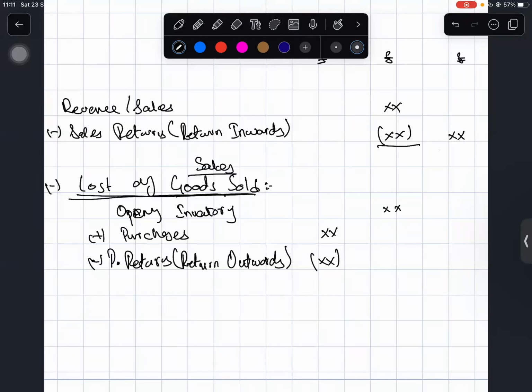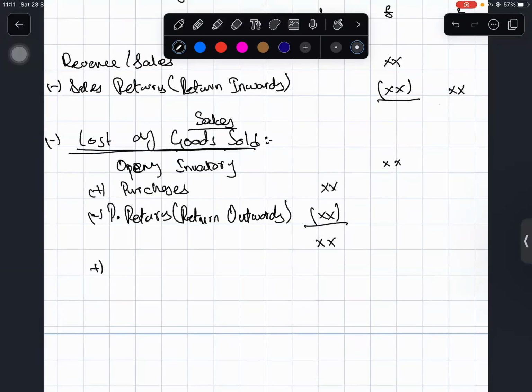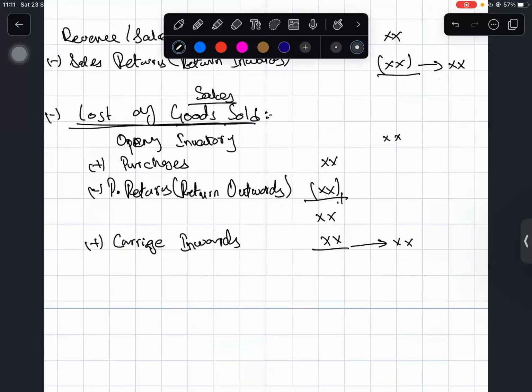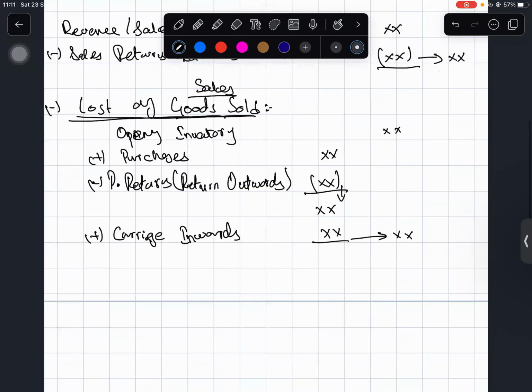You arrive at a figure. Then what you do is you add your carriage inwards into this amount. Whatever you get, you write over here. Just put arrows for you. This solution is here, and that solution is there.